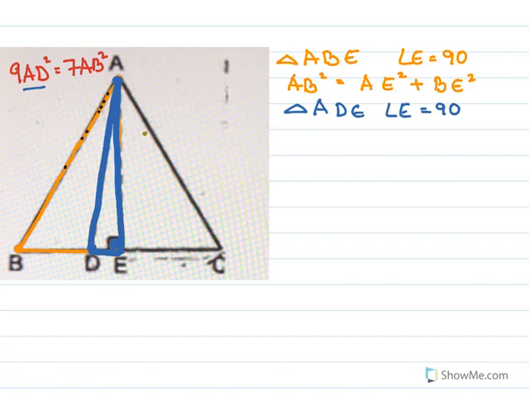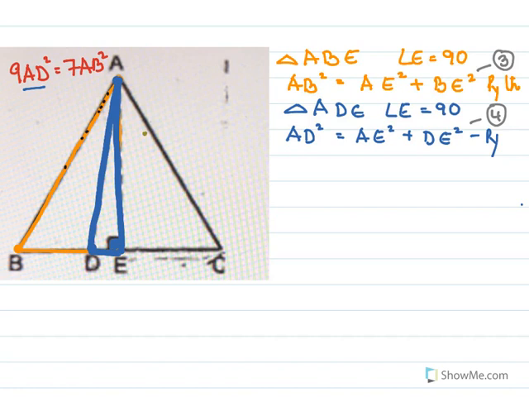The hypotenuse is AD. So AD square equal to AE square plus DE square. This also is by Pythagoras. It's time to subtract both these equations. This would be equation 3 and equation 4.